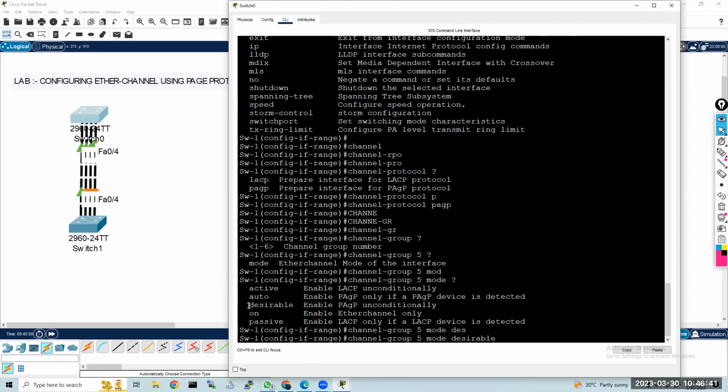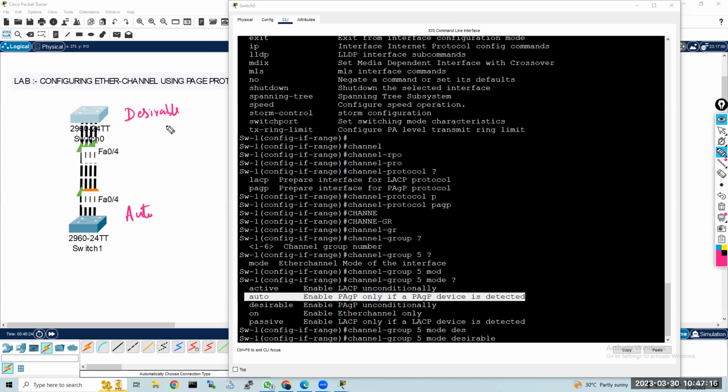You can see, right? Desirable means enable PAgP unconditionally. Or others, you can take auto, which enables PAgP only if a PAgP device is detected. Remember, if one side is desirable, the other must be auto.